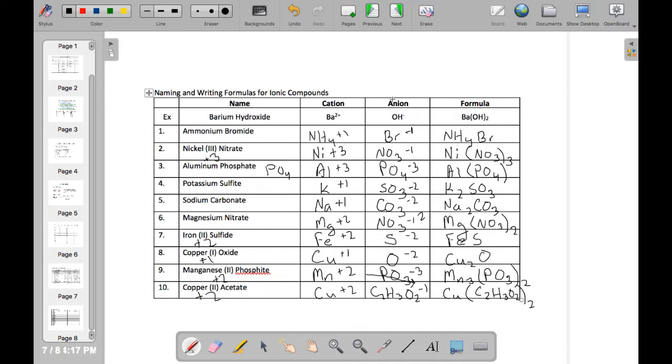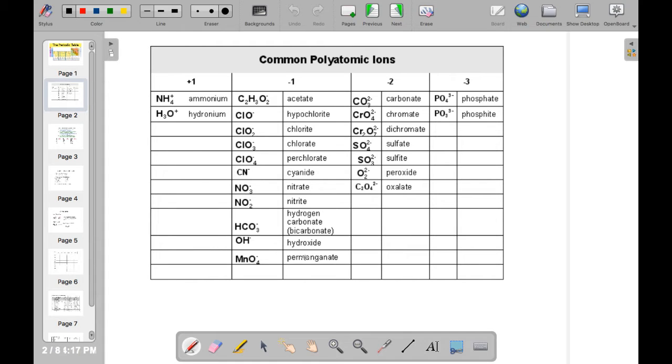So it looks like we're making progress here. We've learned a few things of what we should do and not do. Really what we need to do is memorize some of these polyatomic ions. But when you're first starting out, just keep a little sheet of your polyatomic ions near you so you can refer back to it and slowly try to memorize the ones that are important that you see a lot.